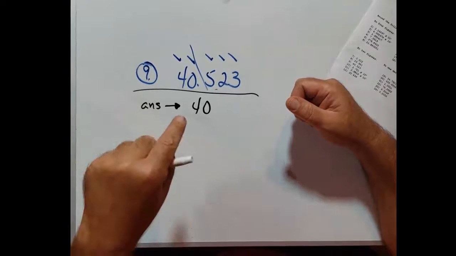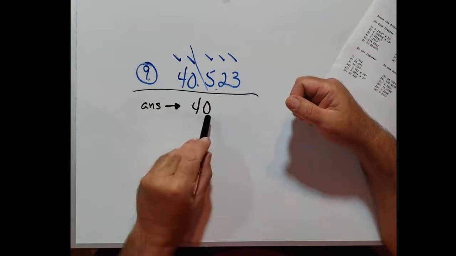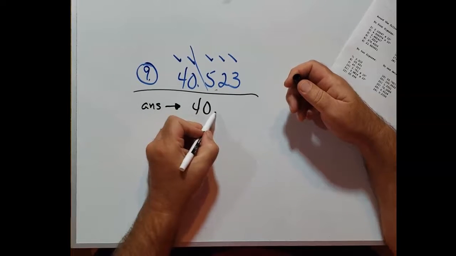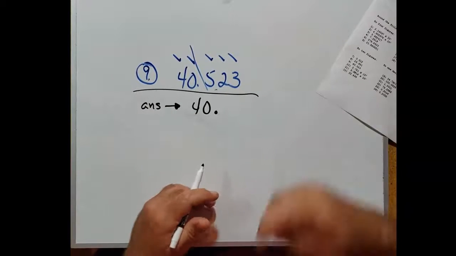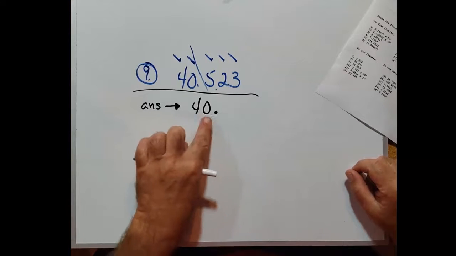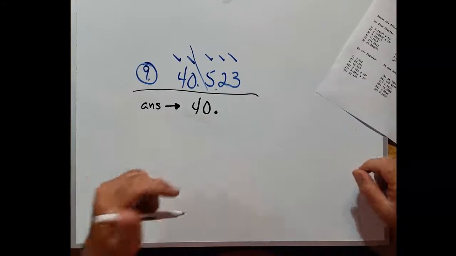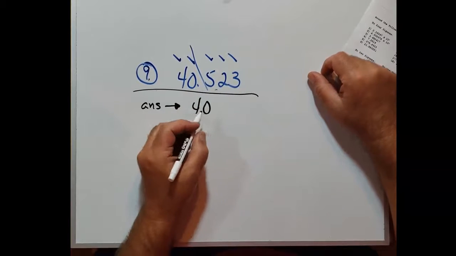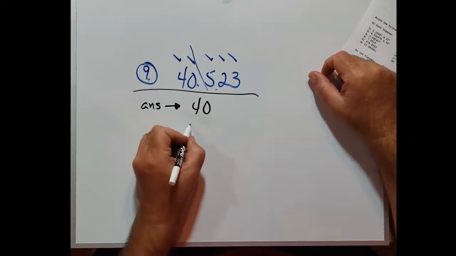But the instructions say to round to 2 sig digs. So how do I make that 0 significant? There's 2 ways. You just put a decimal point on there, in which case it does become a significant digit, and now I have 2 significant digits. However, the preferred method is to convert it into scientific notation.